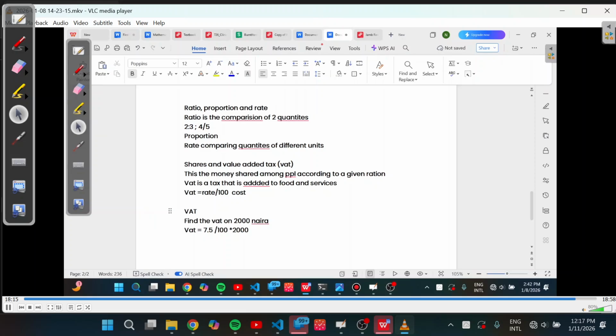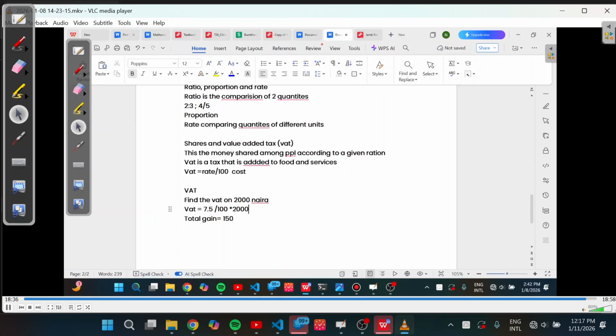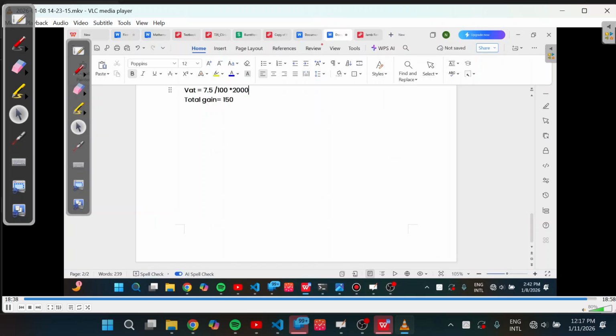So we're going to have 7.5 all over 100 and then multiply it by 2000. I think that is very clear. We're just filling in the values into the formula. So VAT is equal to rate over 100 multiplied by cost. So 7.5 over 100 multiplied by 2000, and that will give you 150. You can input that into your calculator to actually check if that is correct.